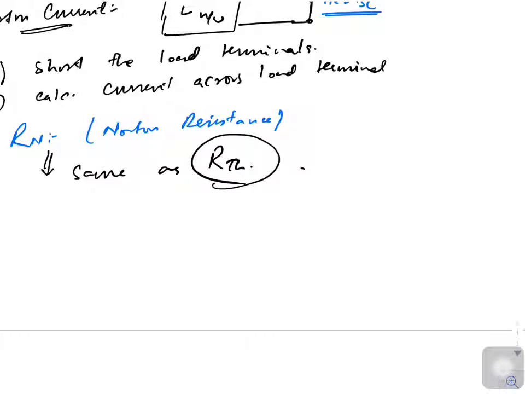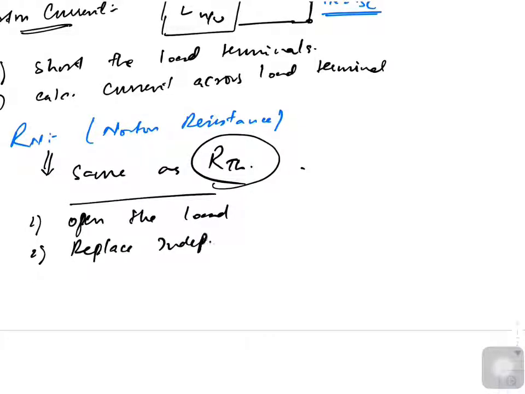I will recall them for you. The first step was we have to open the load terminals. Second step was we will replace independent sources by their internal resistances.